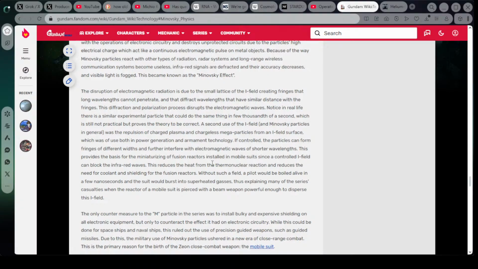Like the 5G stuff. This provides the basis for the miniaturizing of fusion reactors installed in mobile suits. Since a controlled eye field can block infrared waves, this reduces the heat from the thermonuclear reaction and reduces the need for coolant and shielding for the fusion reactors. Without such a field, a pilot would be boiled alive in a few nanoseconds and the suit would burst into superheated gases. Right.